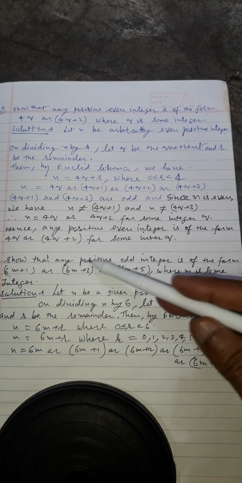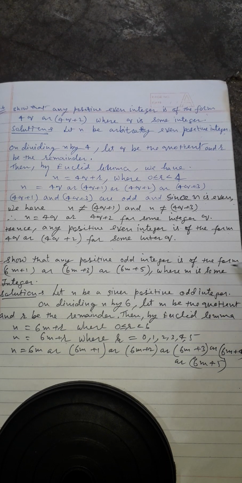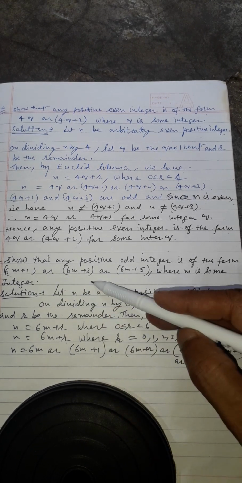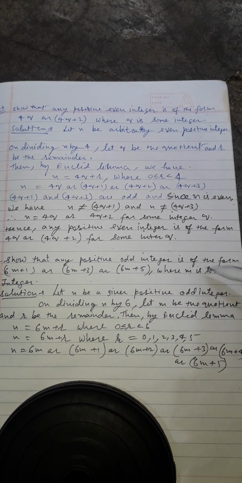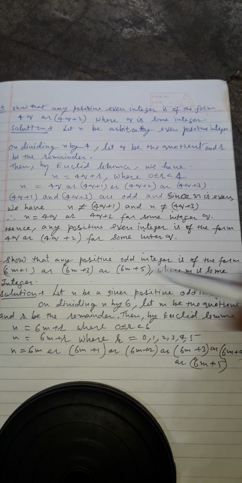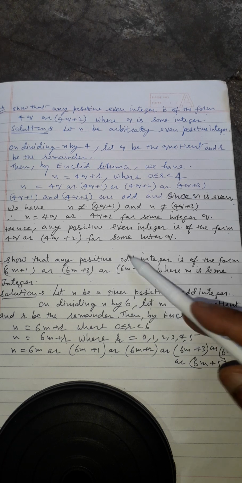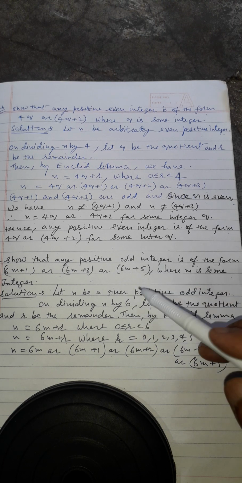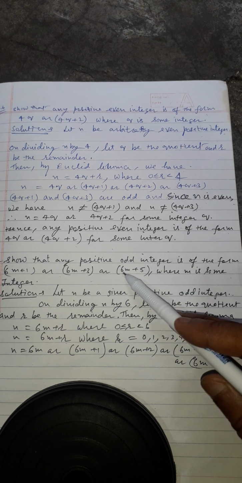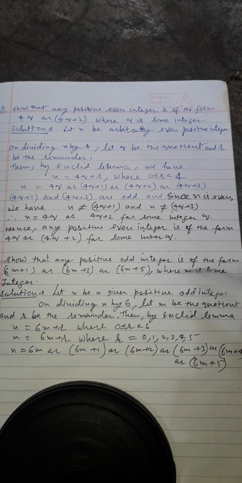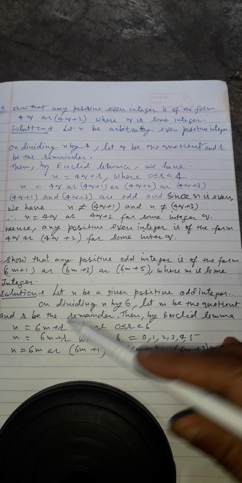Here, show that any positive odd integer is of the form 6m plus 1, 6m plus 3, or 6m plus 5. You can see that these numbers are odd, when m is some integer. Let n be a given positive odd integer. On dividing n by 6. Why n by 6? Because 6 is here, so we divide n by 6. Let m be the quotient and r be the remainder.